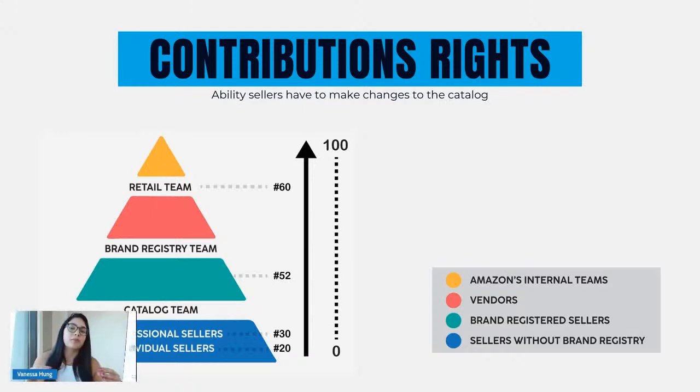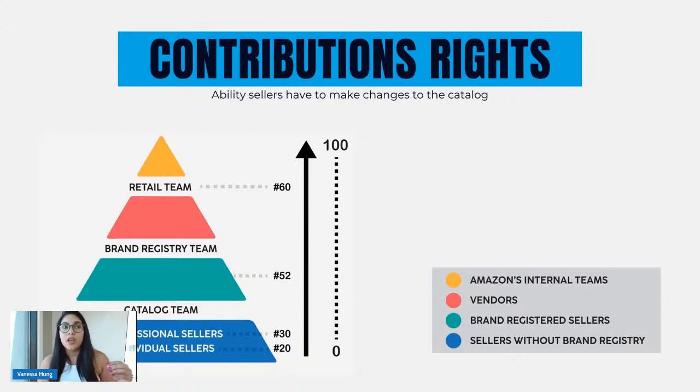This is extremely important because it is a higher contribution. You get somewhat protected, and that's something you hear in the industry, people saying that if you have a trademark, you are completely protected and nobody will hijack your listing.